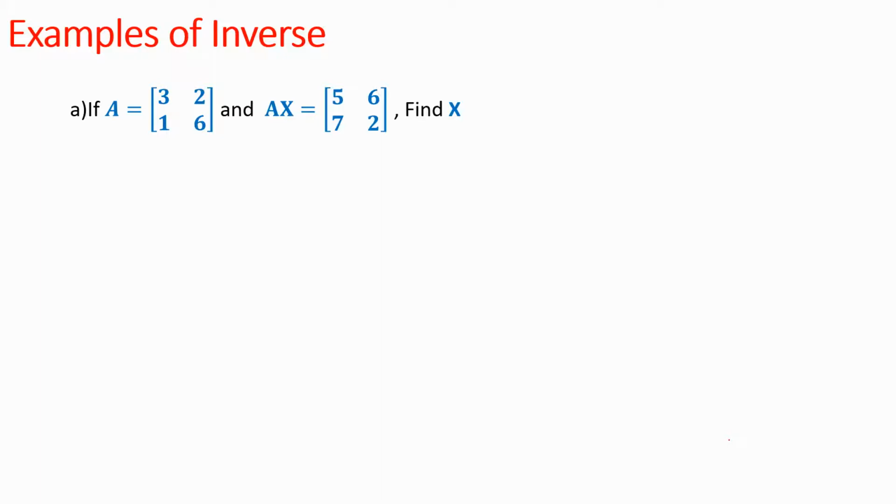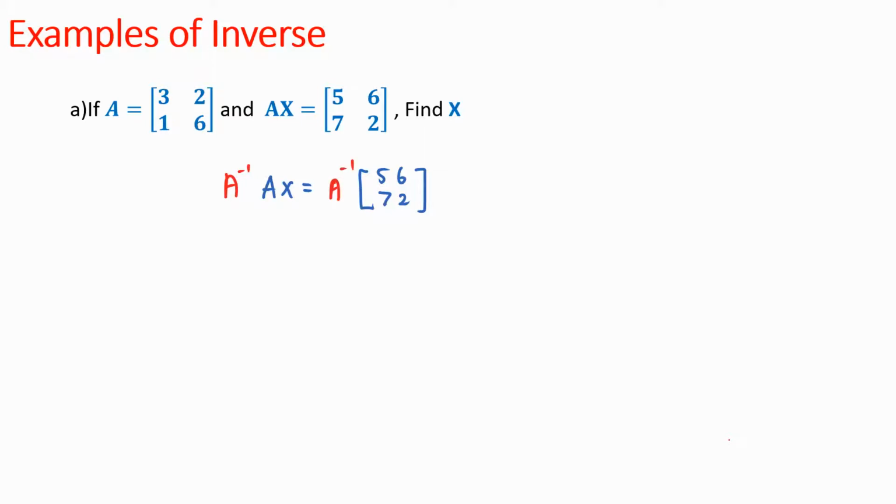Okay, so what I'm saying is, A times X gives me the resulting matrix C. To find out X, I need to remove A. To remove A, the only method that I have is multiplying by the inverse. Because if I multiply by the inverse on both sides, and remember, it doesn't matter where the A inverse is.